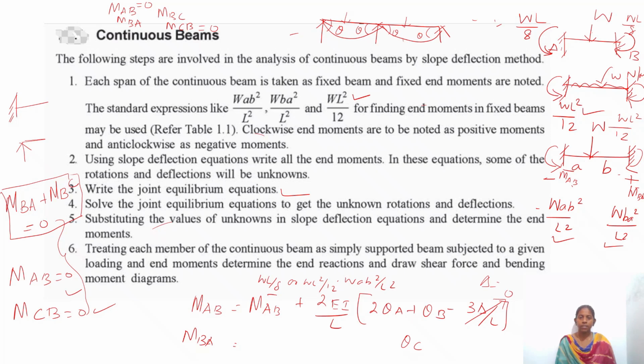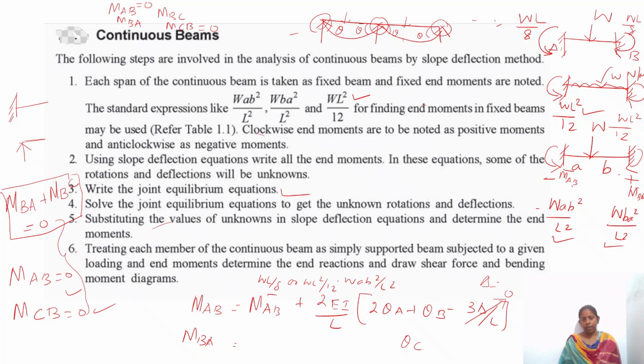And the deflection is 0 at this point, and the deflection is 0 at this point. So you should make this clear. For a given beam, you have to discretize the beam with the theta, deflection and the moments.